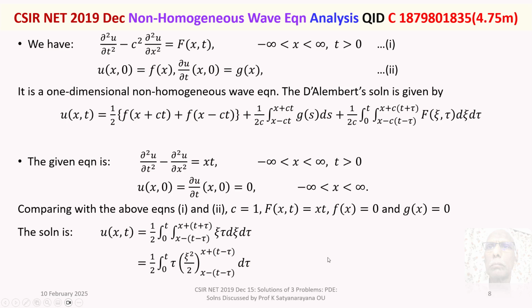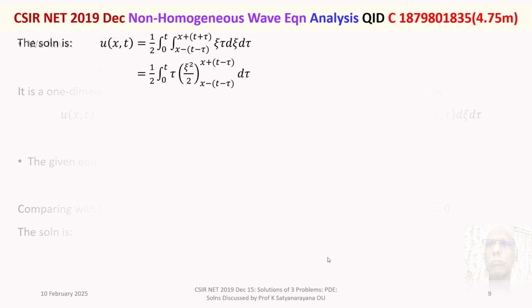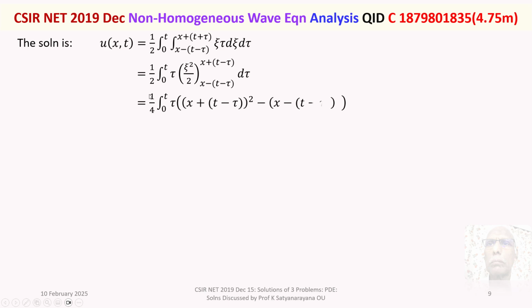Let's move to the next slide for the evaluation. That's what we have so far. Right. So this is 1/4 integral 0 to t of τ into, for the upper limit, (x+(t−τ)) whole squared minus, for the lower limit, (x−(t−τ)) whole squared, with respect to τ.